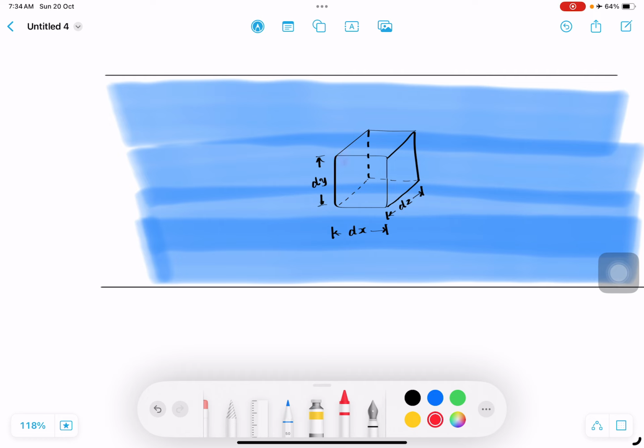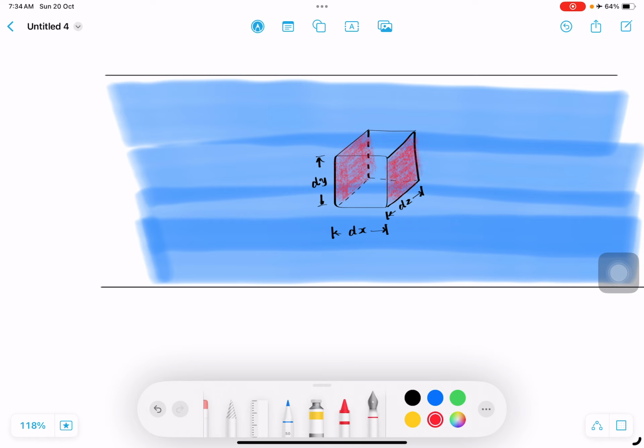So I'm just going to represent this face by shading it in red color there. So the fluid is going to flow from the left towards the right. The fluid is flowing in through this face, and it is going to come out of this face. So we can call this the red face.